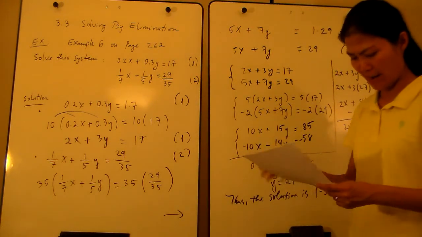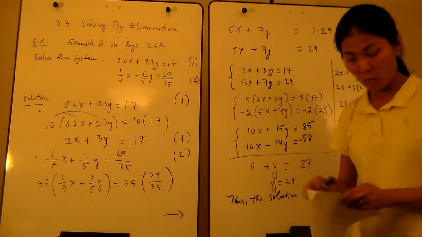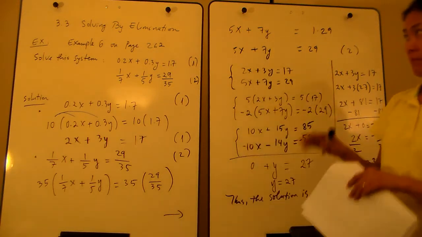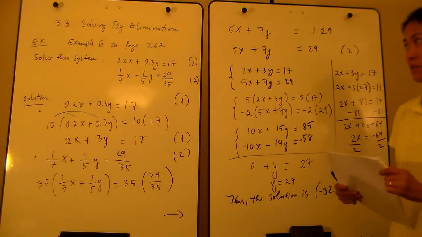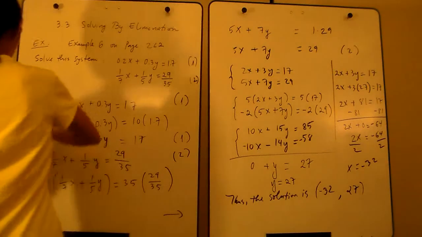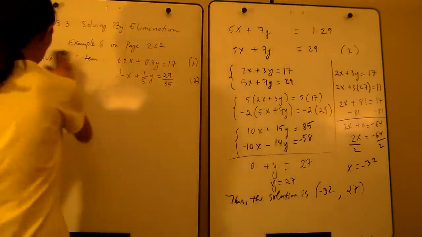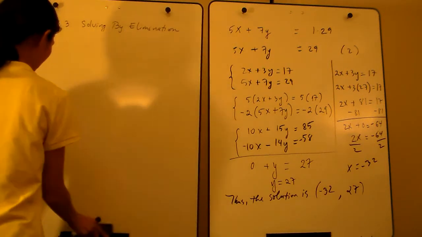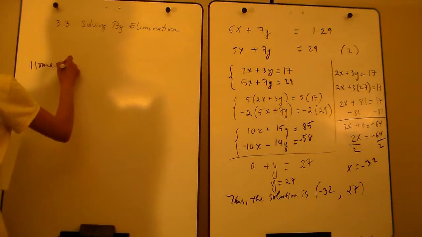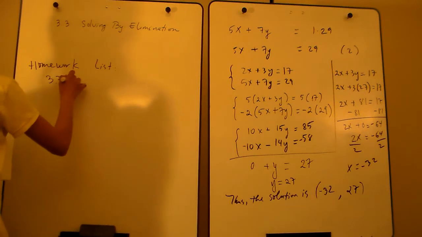The last ones I have here are the applications, and I'm going to have you read them, understand them, and work on them. Up to now I'm done with presenting section 3.1, solving by elimination, and here's the homework for section 3.3.